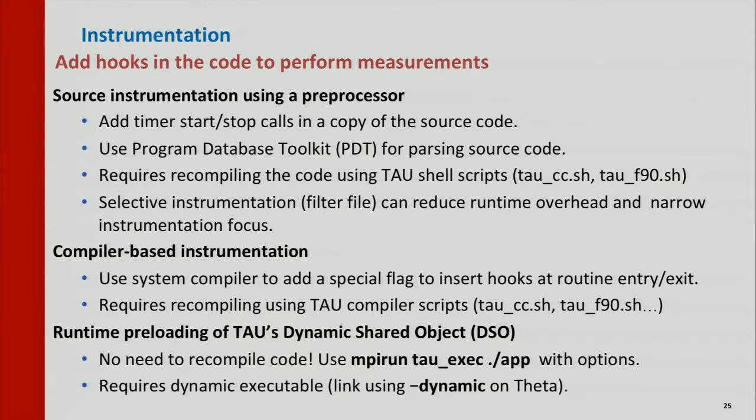And we have compiler scripts that help you do that. So instead of using mpicc, you could use, say, tau_cc or tau_f90 as scripts. And you can also specify a selective instrumentation or a filter file that can describe what events are tracked and how you can exclude or include code regions for instrumentation.